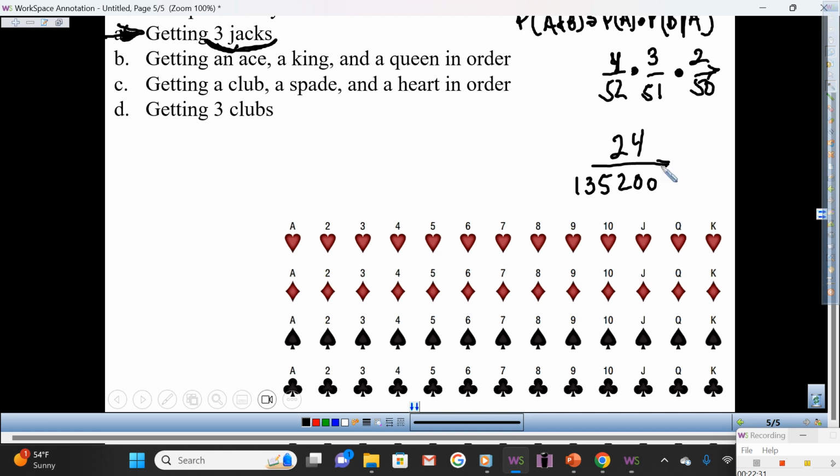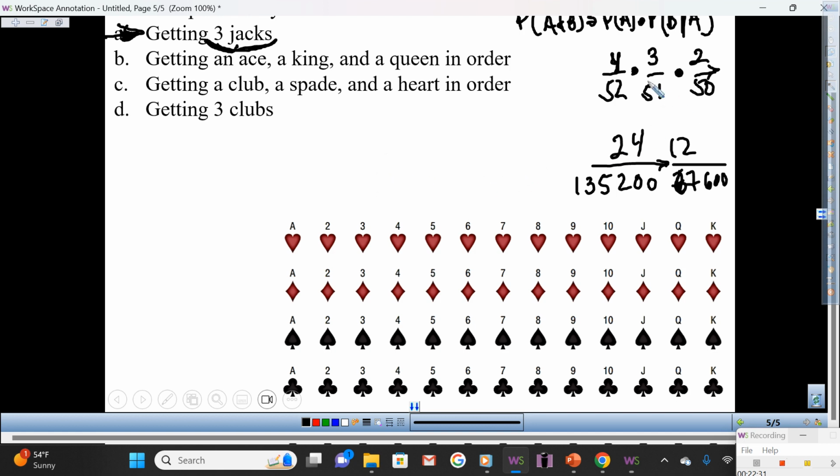All right. And can we reduce? Let's see, 12, that's 600? Dylan? 135,200 divided by 2? 67,600. And again, divide by 2. Yes?